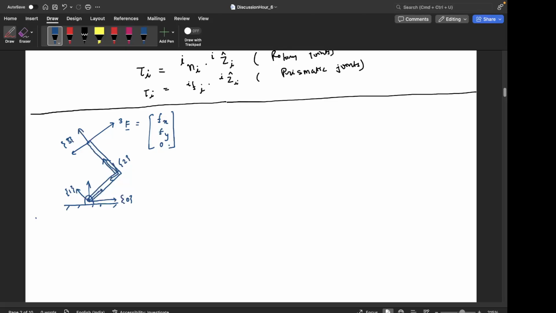So now for link 2 we write sigma F is equal to 0. So for link 2 the force would be F on 2 expressed in frame 2. Now remember that frame 2 and frame 3 are parallel.